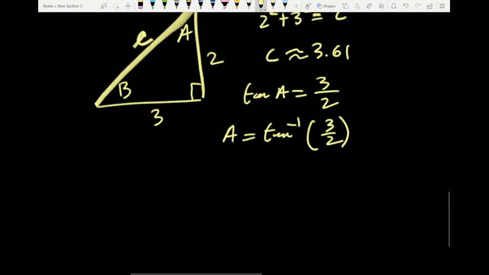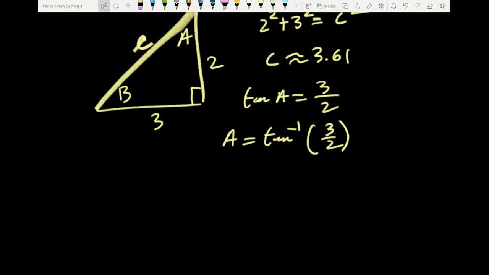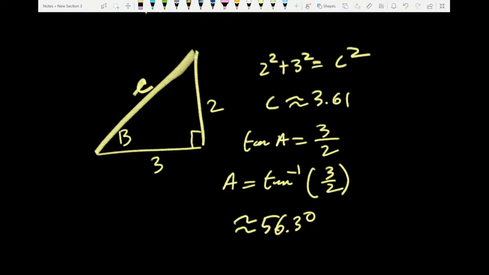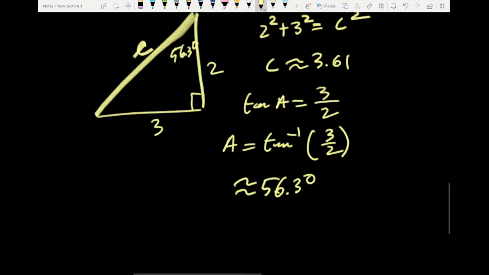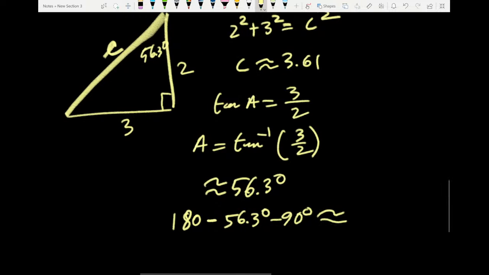So tangent inverse of 3 over 2 will roughly give you 56.3 degrees. The moment we find that to be 56.3 degrees, we can find B. 180 minus 56.3 minus 90, and you will get 33.7 degrees.